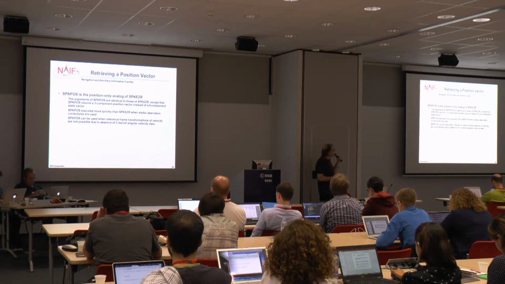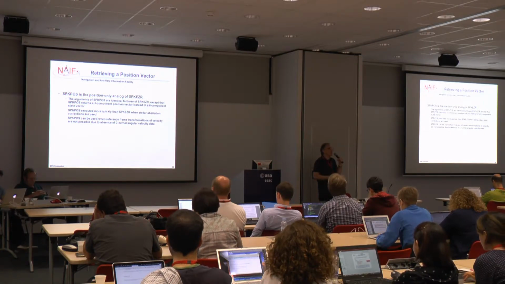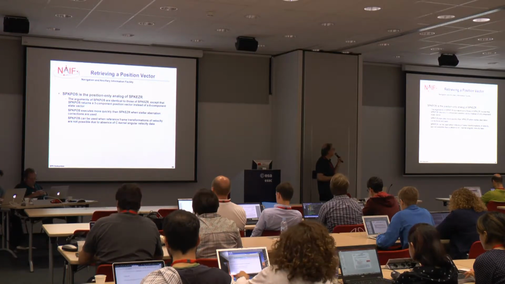SPKPOS also can be used when reference frame transformations of velocity are not possible due to the absence of C-kernel angular velocity data. There are cases when you just don't have the data you need to compute a state vector, but you can still compute a position vector.